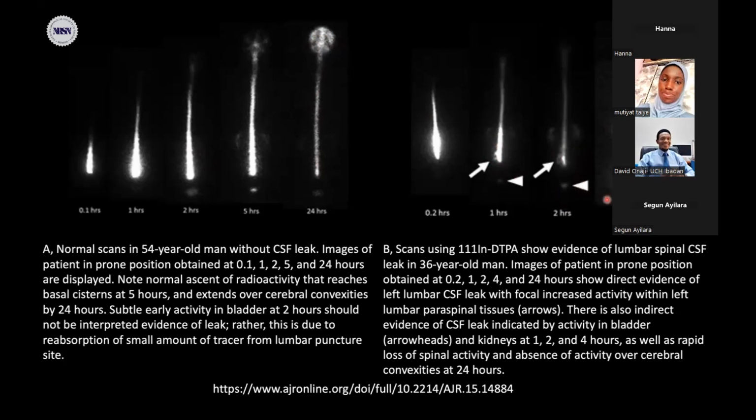Then by 2 hours, we see that the urinary bladder and the kidneys are starting to show up, and it's more evident at 4 hours post-procedure. And by 24 hours, compared to this one, there's almost near complete evacuation of the radioactive substance over the neural axis.